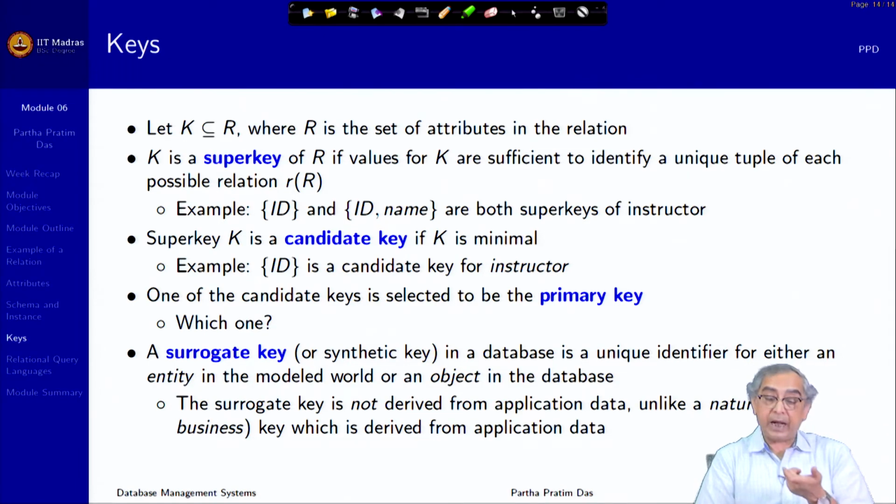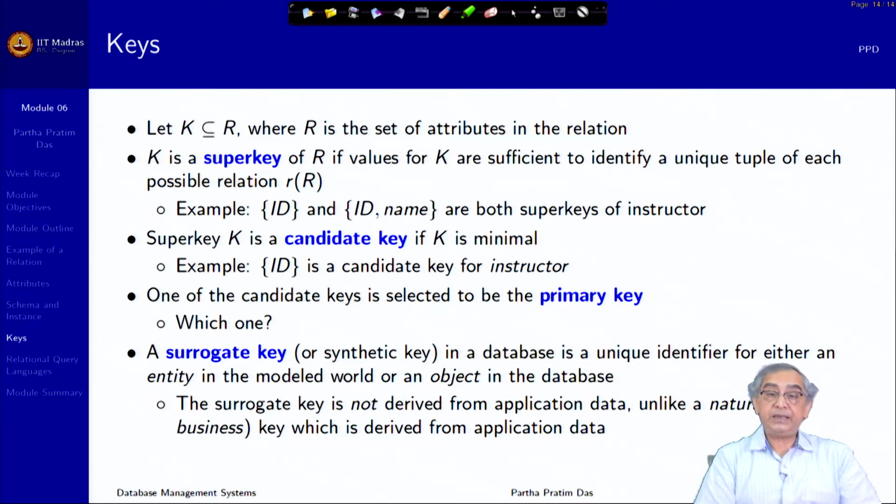But the set containing ID is a candidate key because there is no subset of the set containing ID which can be a super key of this relation. The subset of a single element would obviously be empty, that is trivially true. So, we will say this is a candidate key.